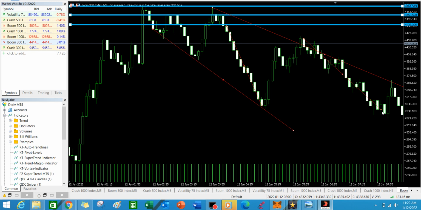For instance, you don't know how to trade these spikes, and when you came into the market, you notice that the market is more of an uptrend than a downtrend. Then you are supposed to sell. But once you notice that the market is on an uptrend, then definitely you stay out of the market. But if you force yourself to look for an opportunity within that uptrend, then you are ready to lose your money.